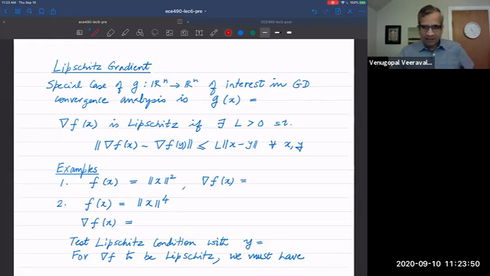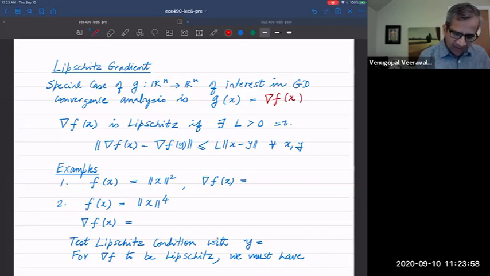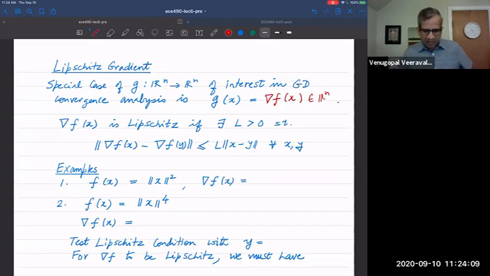So let's say we look at g of x being the gradient of the function f. So f takes values on the real line, but the gradient takes values in Rn, right? So now the gradient is a function that goes from Rn to Rn.